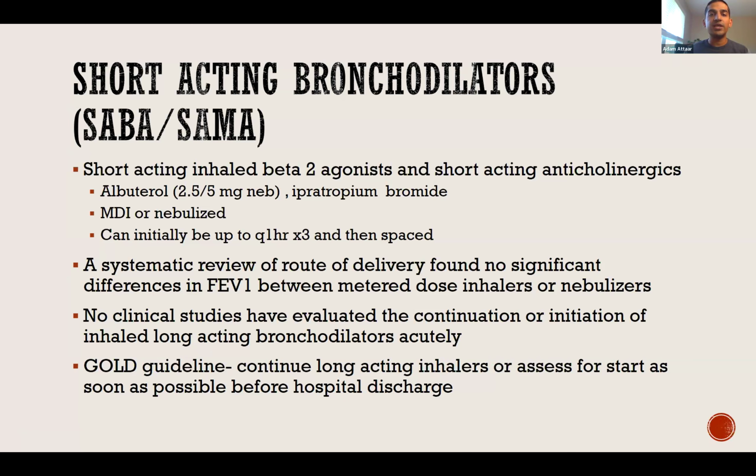So your principle here is you're getting uptake at the beta-2 agonists and at your antimuscarinics first with your short-acting therapy, and then you want to continue to stimulate these receptors, and by adding in the long-acting inhalers or having them continue, this is available for that, and then allows you to space the short-acting.